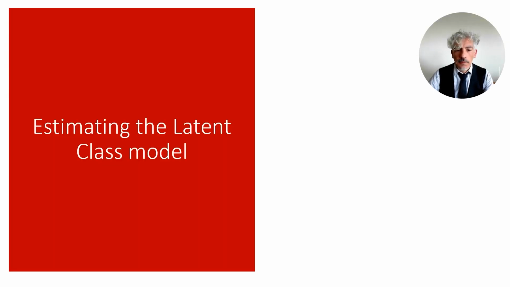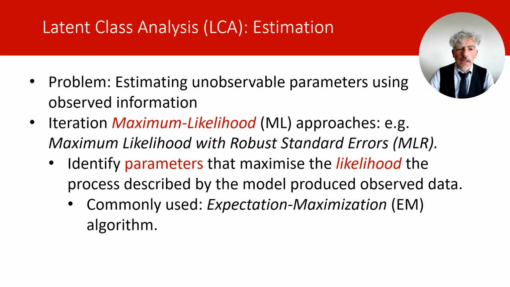So let's start with some information about the estimation of the latent class model. Estimating latent class models requires using observed information to estimate unobservable parameters, for example, latent class frequencies and so on.